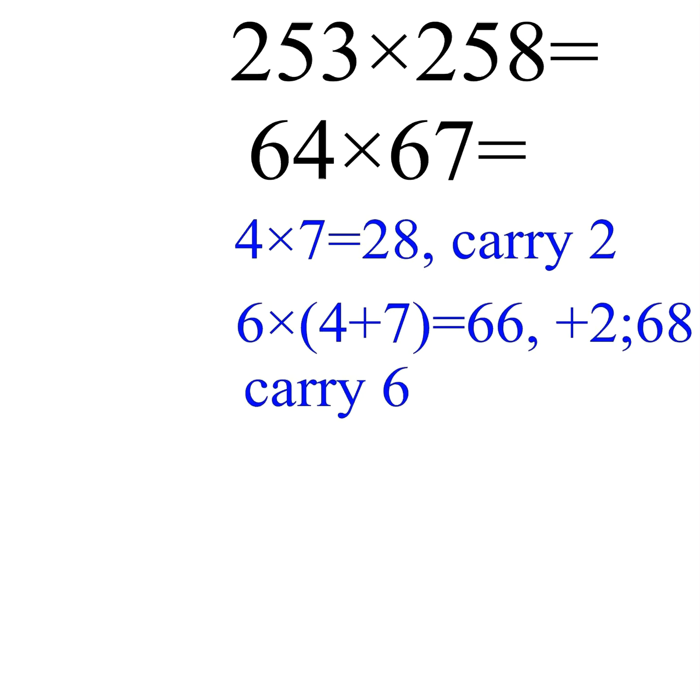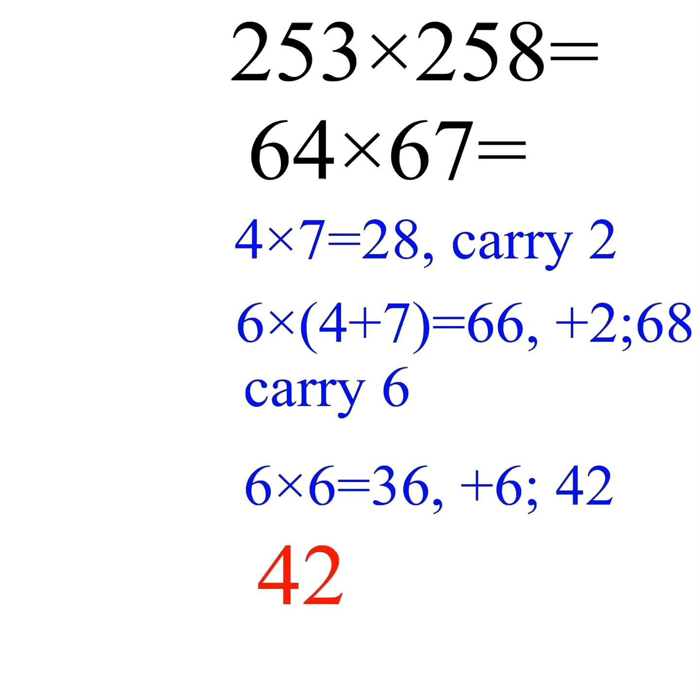Again, we carry 6, the tens place of it. And finally, we multiply their common digit into itself. So that would be 36 plus 6, we carried in the previous step, that would be 42.